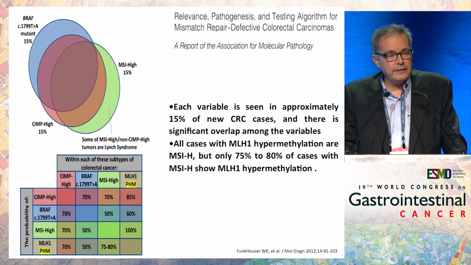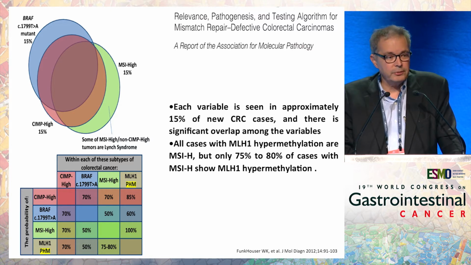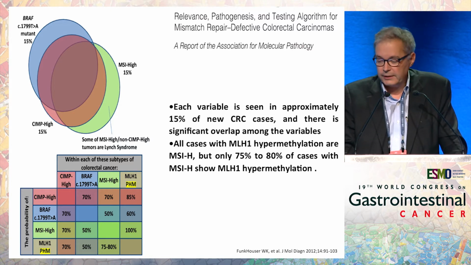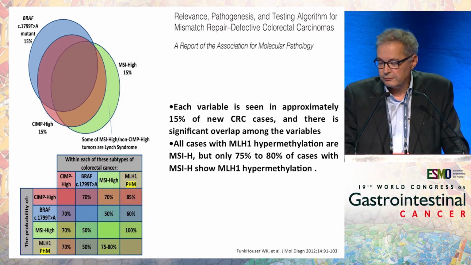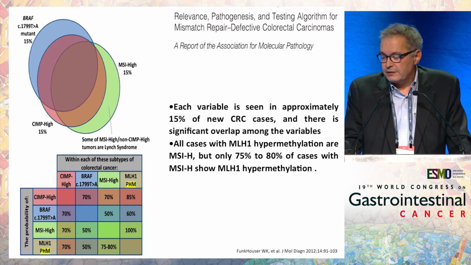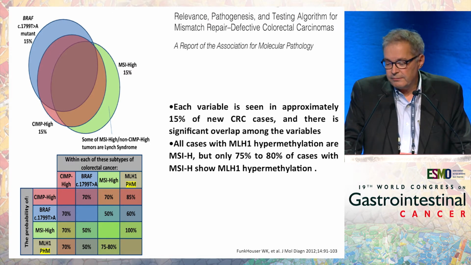So, to summarize, there are three alterations that are each present in approximately 15% of colon cancers, and you can see in this slide that there is a strong overlap between the different phenotypes: 15% MSI high, 50% hypermethylation, and approximately 15% BRAF mutation.